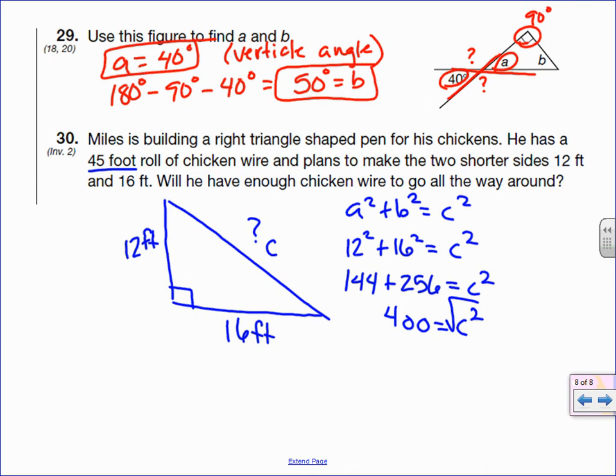And then to find just c, we take the square root. Well, the square root of 400 is 20. So that says that this side here is 20 feet.